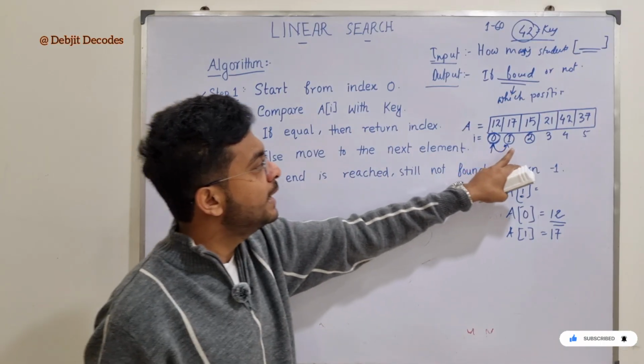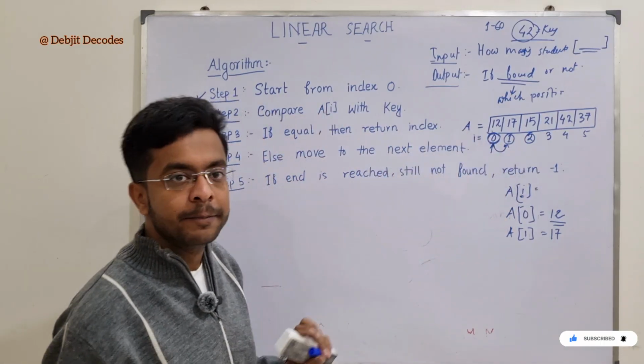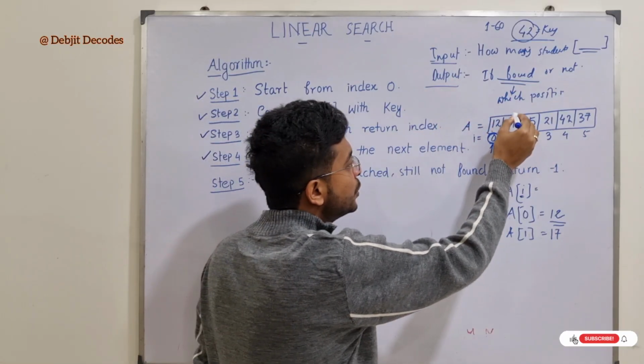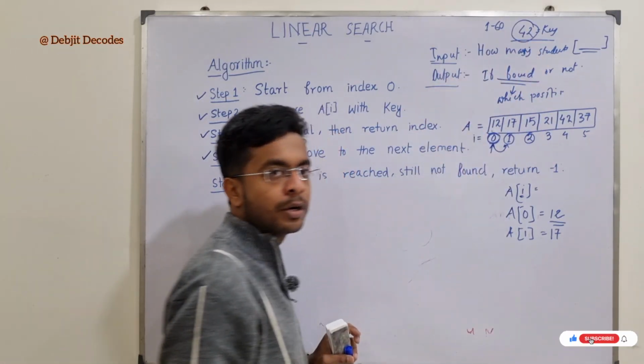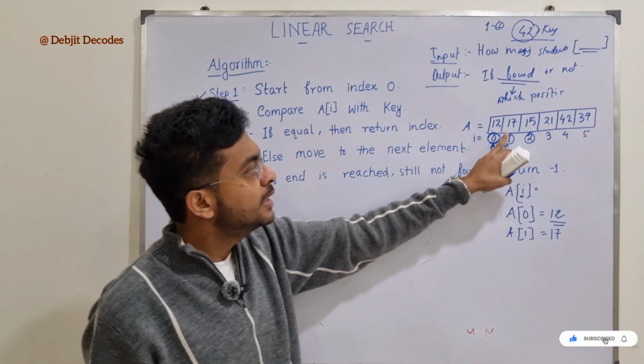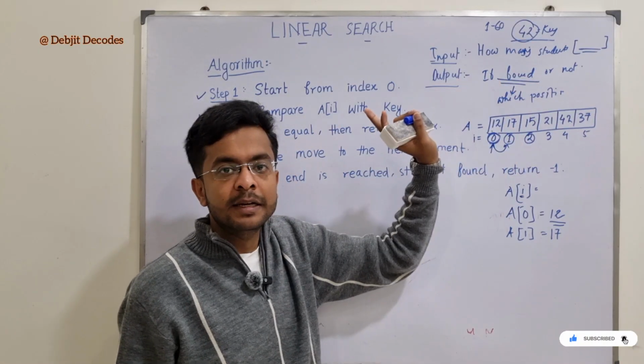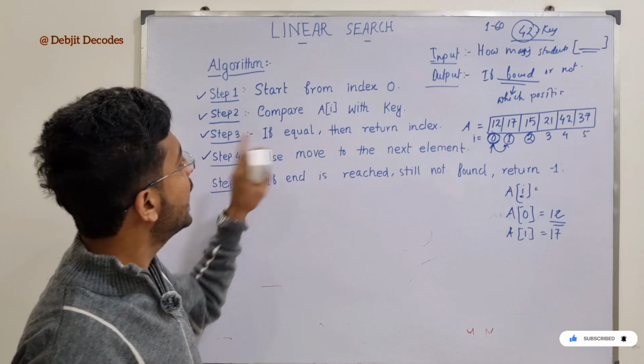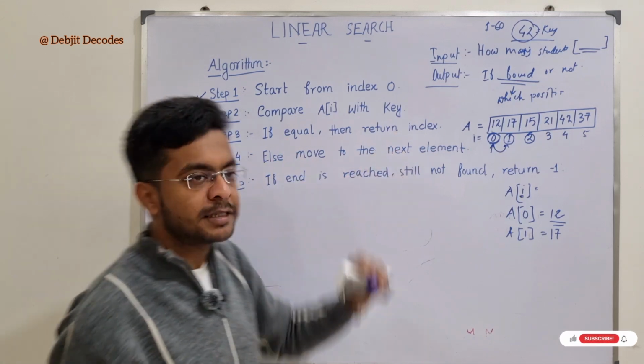So if you go to index 1, you do this step again. You check whether this position's value is equal to 42 or not. But you see that this position's value is 17 and it is not equal to 42. So again you move to the next element.